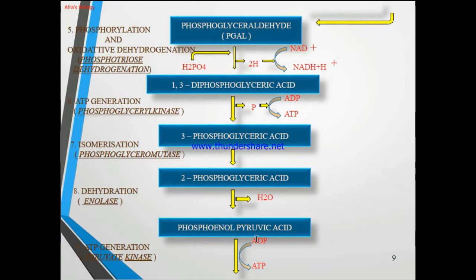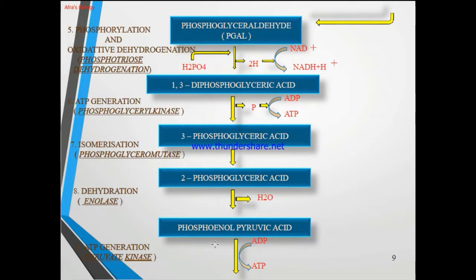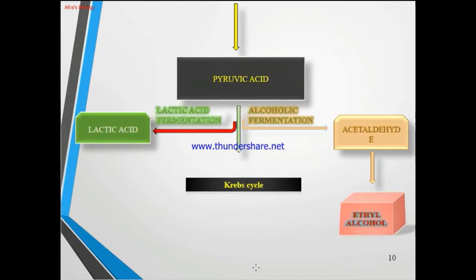The next step, phosphoenol pyruvate is further converted into pyruvic acid, and ATPs are generated. The enzyme used is pyruvate kinase, and two molecules of ADP are used, which results in ATP molecules being formed. Hence the product is two molecules of pyruvic acid.